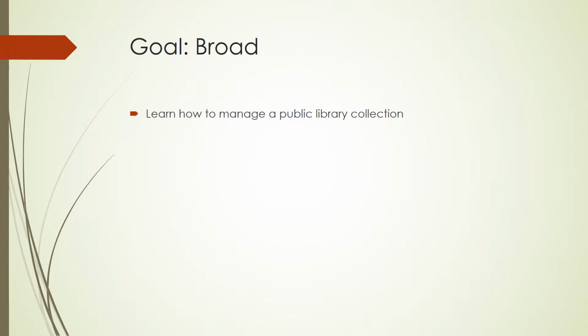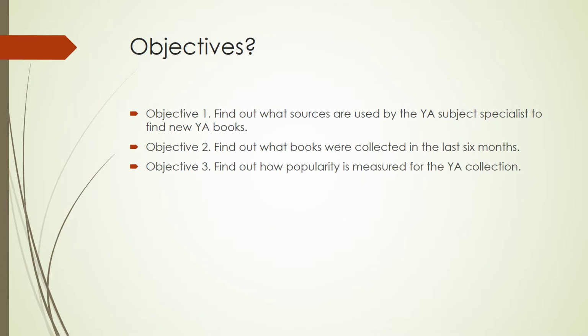So you have some very broad goals that you have created with your site supervisor. Here's an example of one: learn how to manage a public library collection. So what are some objectives that will help you do that?